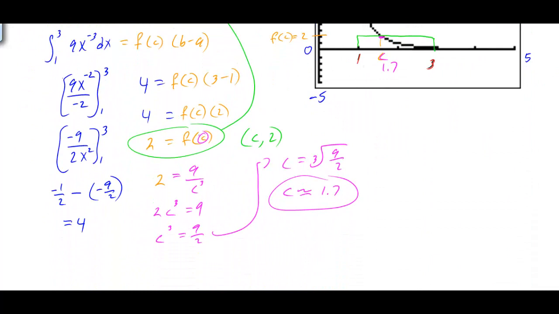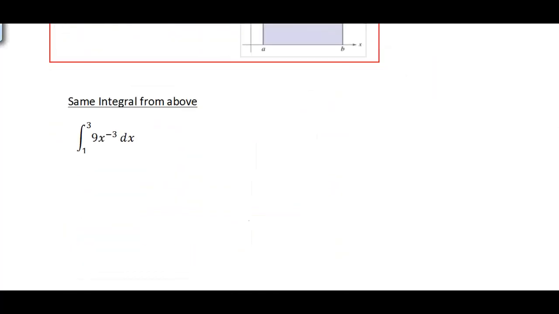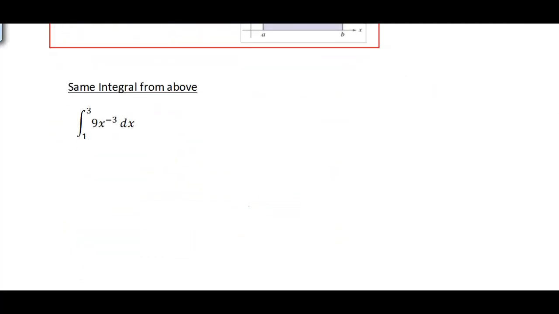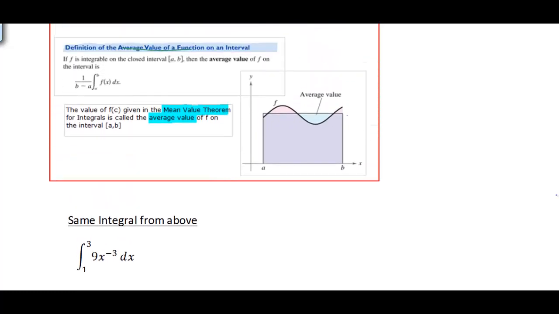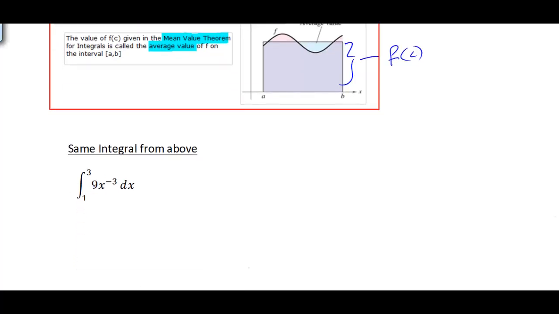Now for our example, we said the f of c was equal to 2. So this is the average value that we just found. By rearranging the formula, we could easily find this, because this average value is simply the height of this rectangle. So, 1 over b minus a times the integral of f of x dx from a to b. If we look at the same integral from 1 to 3, we already know the answer to this is 4. This is the same integral from above.